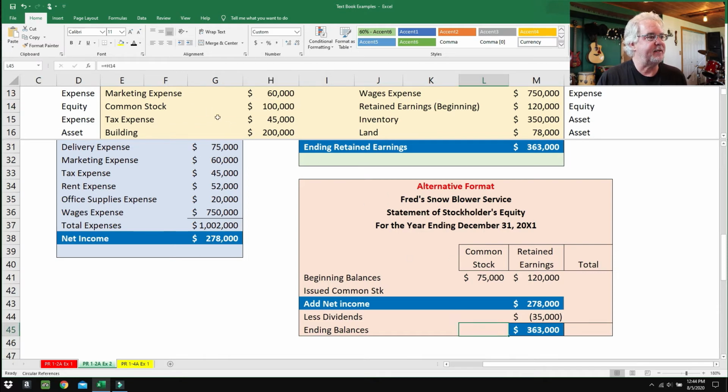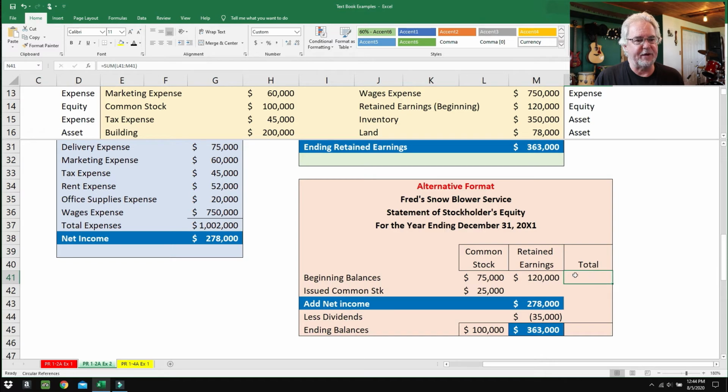So there's the ending balance. And folks, apparently he went from 75,000 to 100,000. That's a gain of 25,000, right? So it looks like he issued common stock of probably 25,000. There you go. And you don't need anything in the dividends because we took care of that under retained earnings. So that was easy. So the first retained earnings column's easy, the common stock column's easy, and the total's easy too.